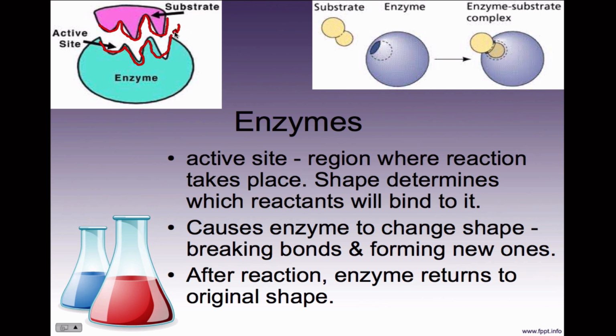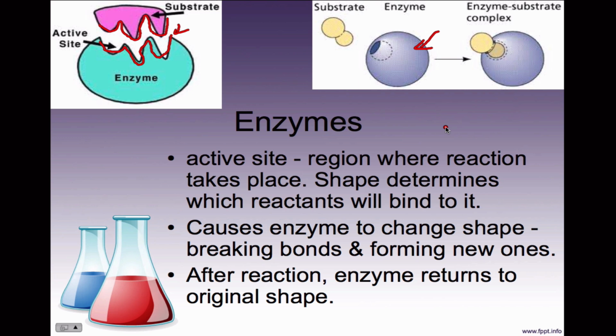The substrate locks in here, and it changes the formation of the enzyme, and that causes the reaction to occur. Then after the reaction, the enzyme returns to its original shape, and it's ready to go again.